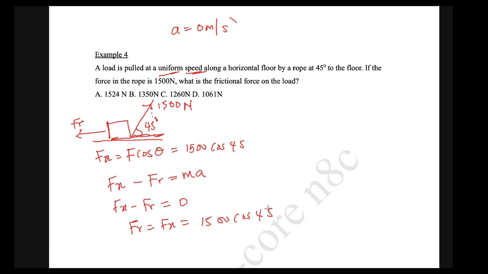So what is 1500 cos 45? That should give 1060.66 newtons, which is approximately 1061 newtons, which makes choice D the correct answer.